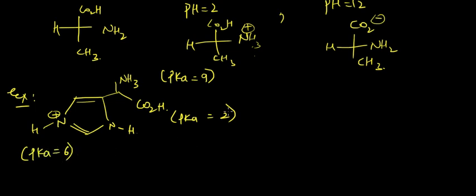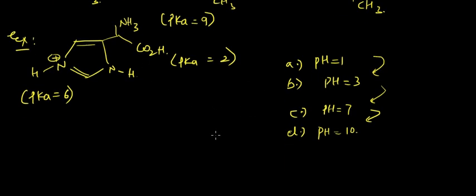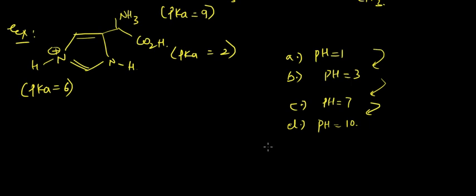So what will happen when pH applied is 1, then pH applied is 3, then pH applied is 7, and then pH applied is 10? So what will happen in this series of application of different mediums from acidic to basic?